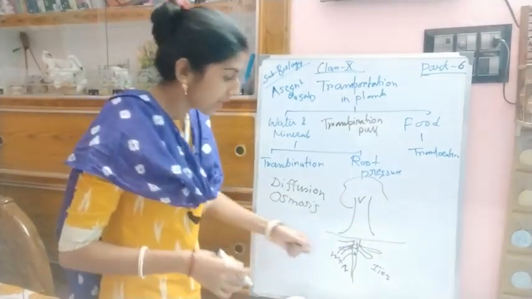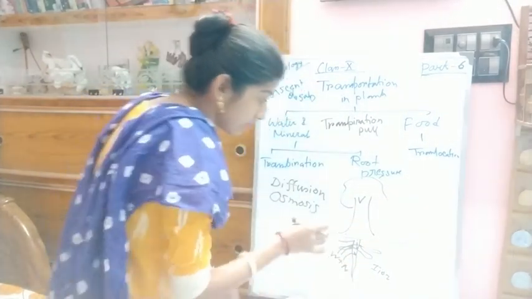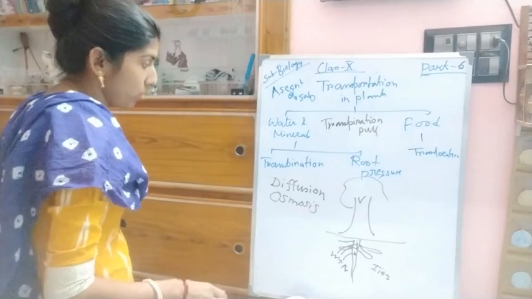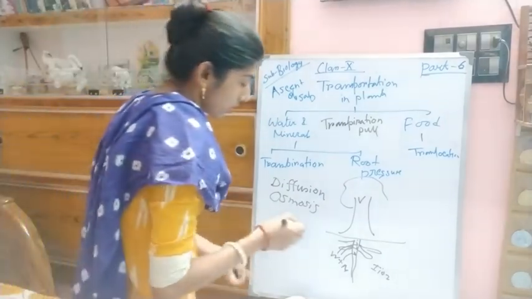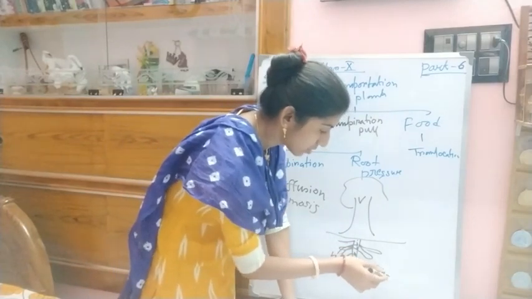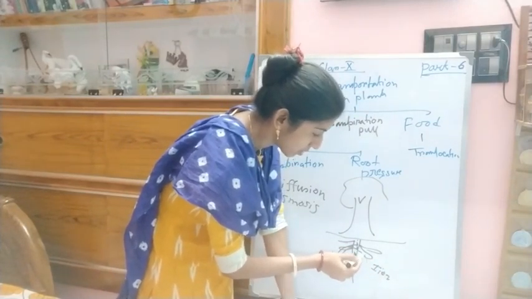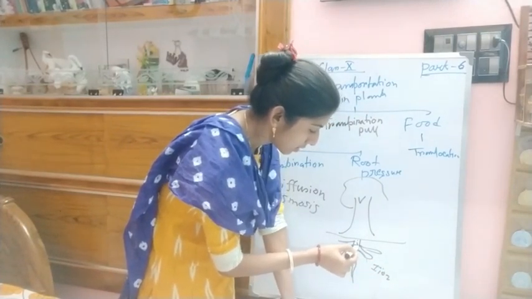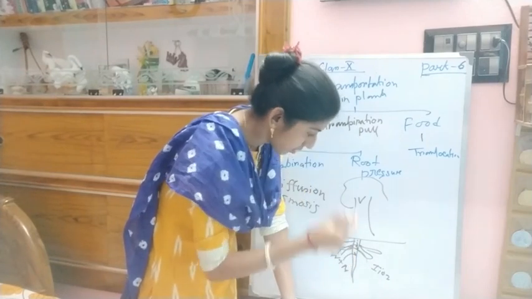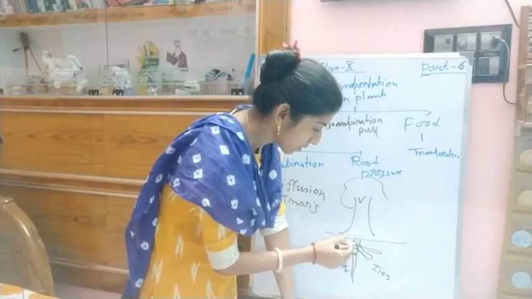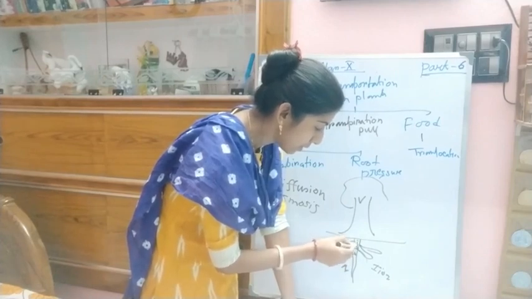So I am repeating, root pressure means a pressure created in the root which is helping in the transportation of water. How? If ions are present inside the soil, the ions move inside the root, so there the concentration of solute will be higher, that means the concentration of water will be less.